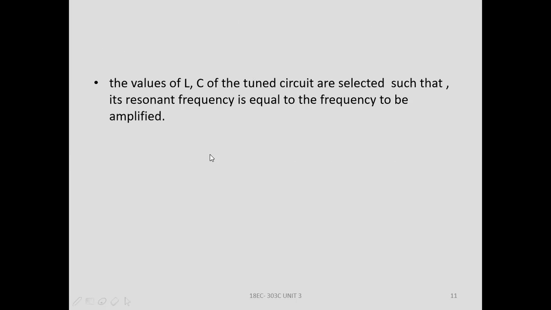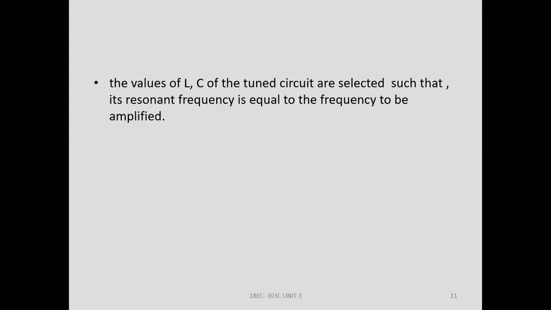Here in the circuit, the tuned circuit is L and C. The main circuit operation is tuning. What is tuning? Selecting the particular frequency and amplifying that signal frequency. To select that required frequency, the values of L and C, inductance and capacitance, are selected such that its resonant frequency is equal to the frequency to be amplified.